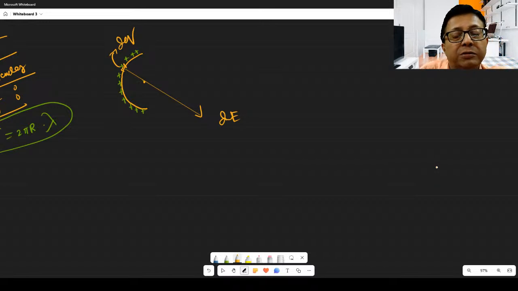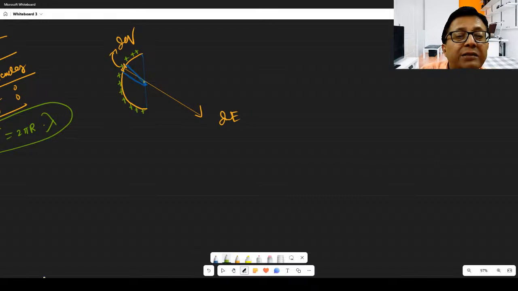But if you don't consider the angular position of it, then you will be wrong. This may be an elemental portion, but it has some angular position like this. Okay? So what is that angular position? You draw a vertical diameter like this.